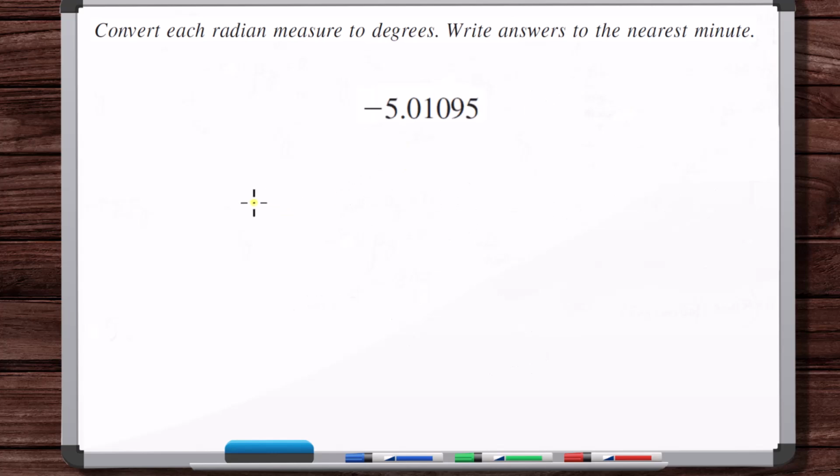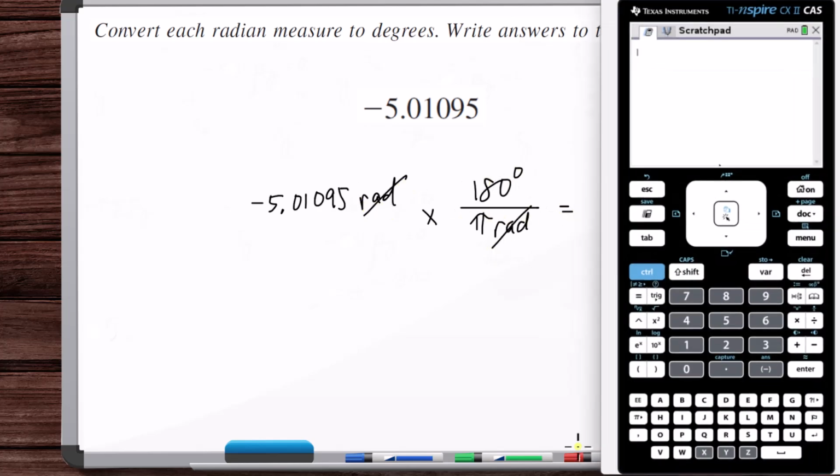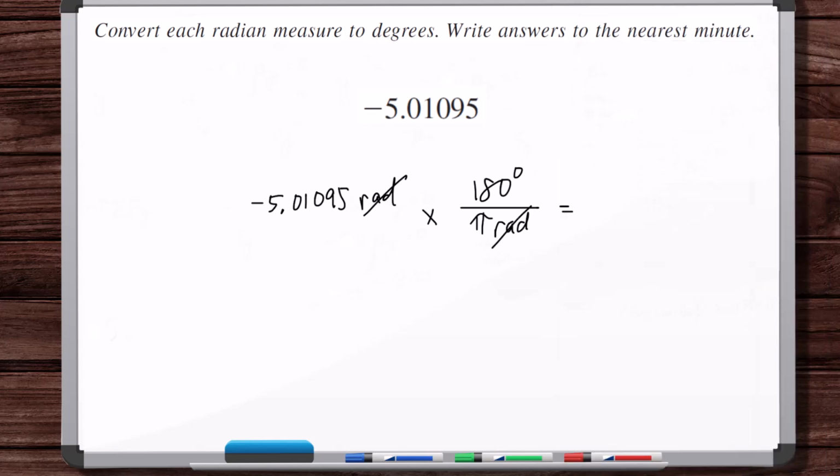Okay, minus 5.01095 radians. There are pi radians for every 180 degrees. So minus 5.01095 times 180 divided by pi, minus 287.106 degrees.